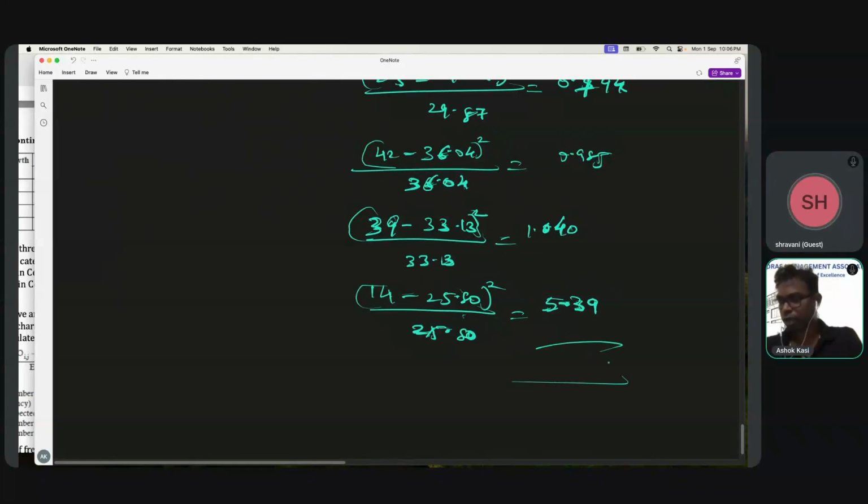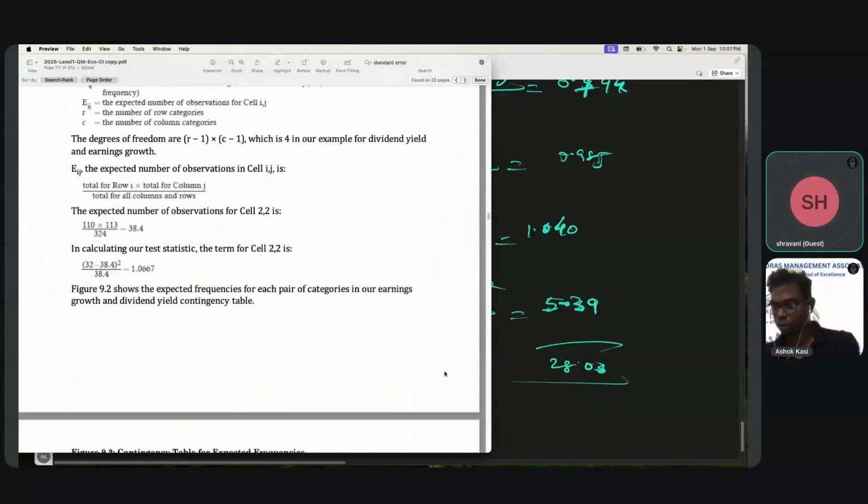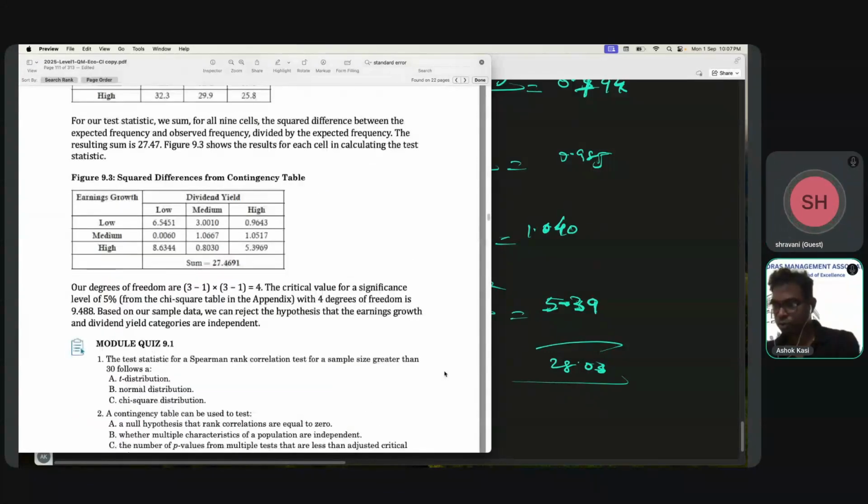Okay, add up all of these. The total is 28.03.